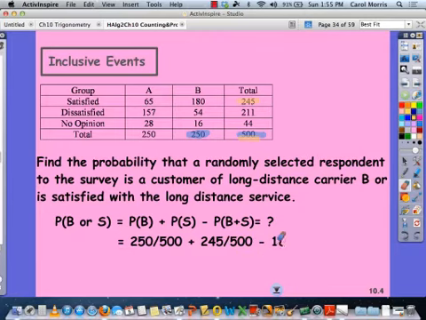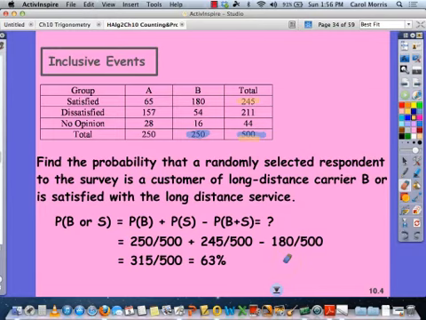And now subtract the 180 over the 500 that were B but satisfied, and that was still out of the 500 people. And so that should be our result. We have common denominators again, so do the math. We should end up with about 63% of our customers being a B member or satisfied.